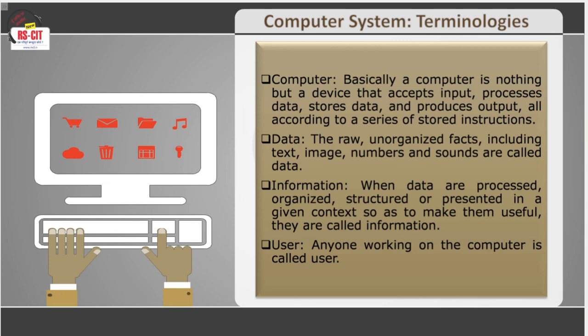The raw, unorganized facts, including text, image, numbers and sounds, are called data. Information. When data are processed, organized, structured or presented in a given context so as to make them useful, they are called information. User. Anyone working on the computer is called a user.